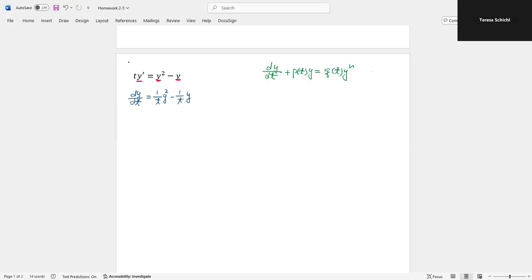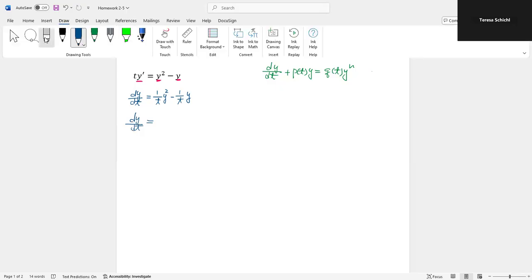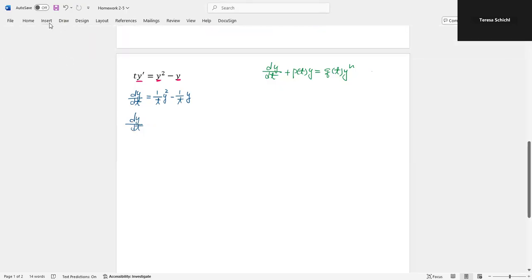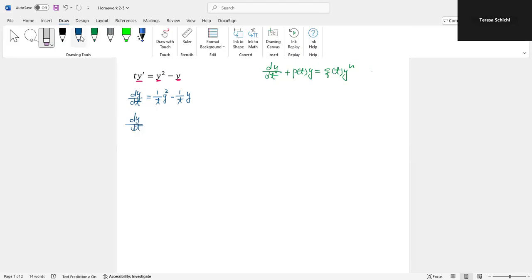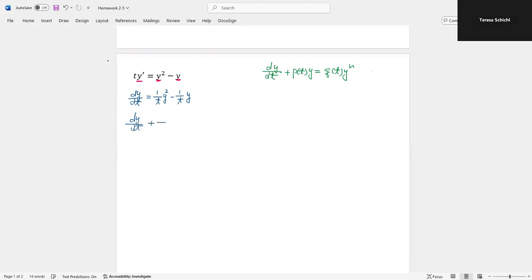Now I will move the y over, so dy/dt plus 1 over t y will be equal to 1 over t y squared.